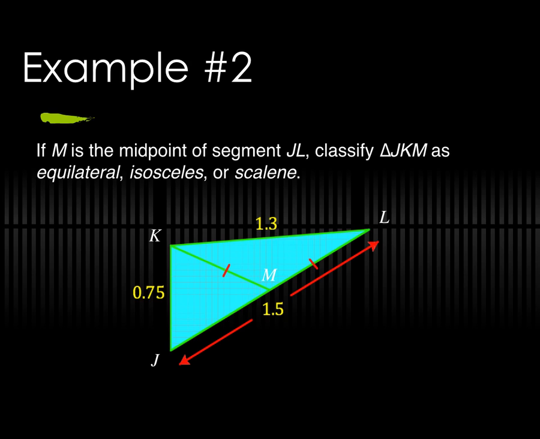Then if JM is 7.5, then ML has to be 7.5, and if those two are equal, then the tick marks have to be equal, and each side is 7.5. Good. Which makes it equilateral. Right.